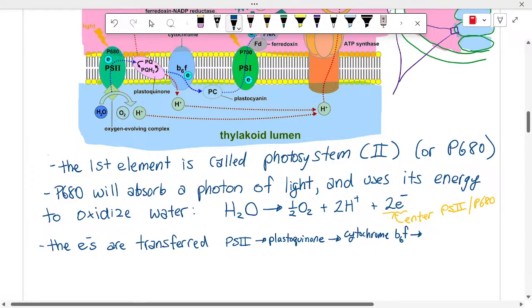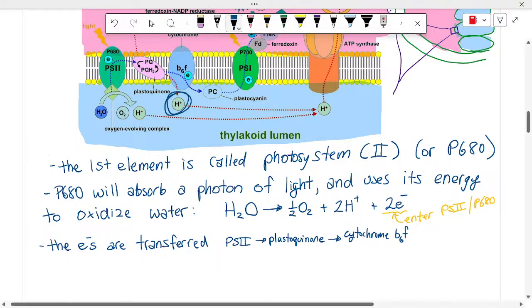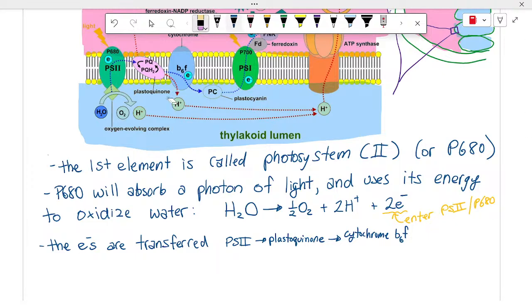From there, it gets passed to, actually, we'll pause there for a second, because what happens here? It pumps an H plus ion into the lumen. By the way, when water broke down, it also released H plus ions into the lumen.